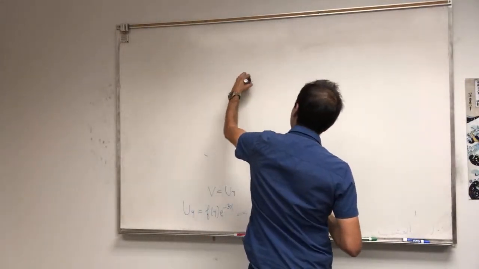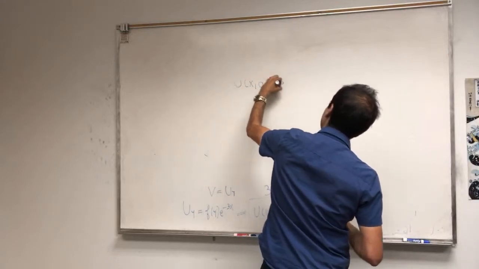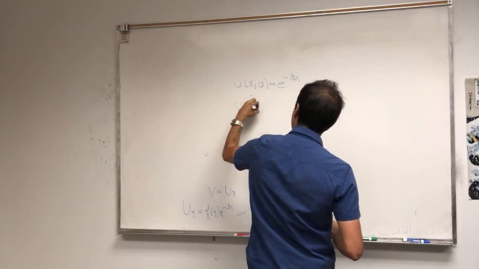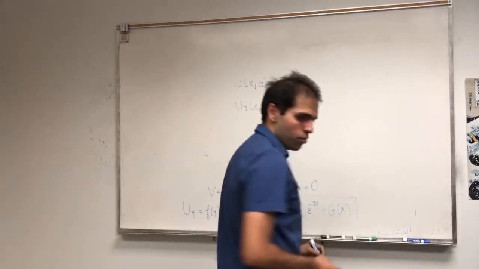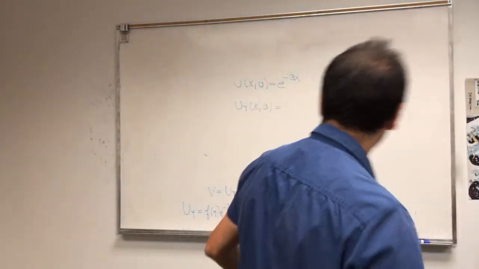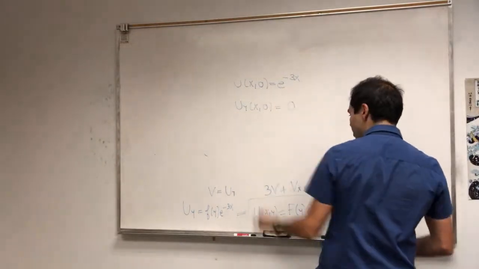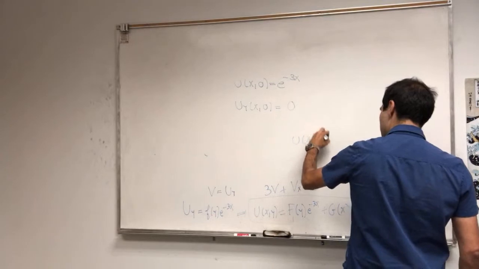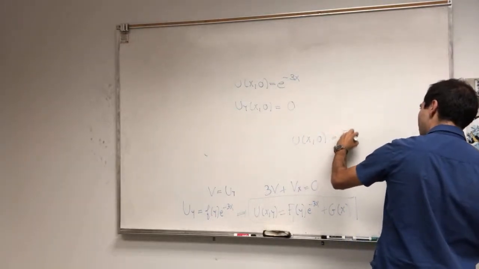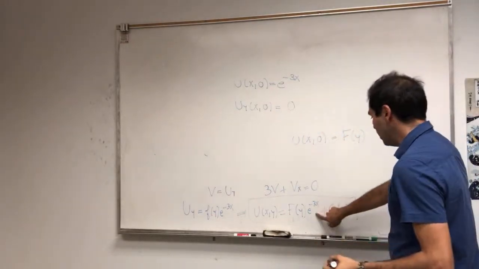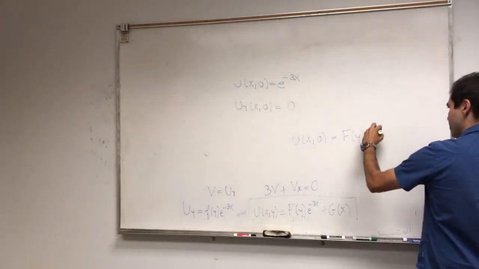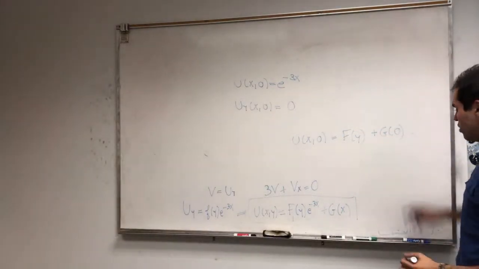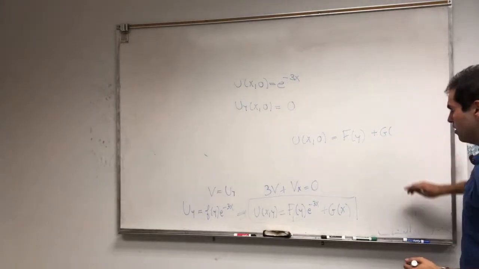So I think u(x, 0) = e^(-3x), and u_y(x, 0) = 0, I believe. Let's see. If you plug in u(x, 0), that becomes f(y) times... oh, sorry, g(x).